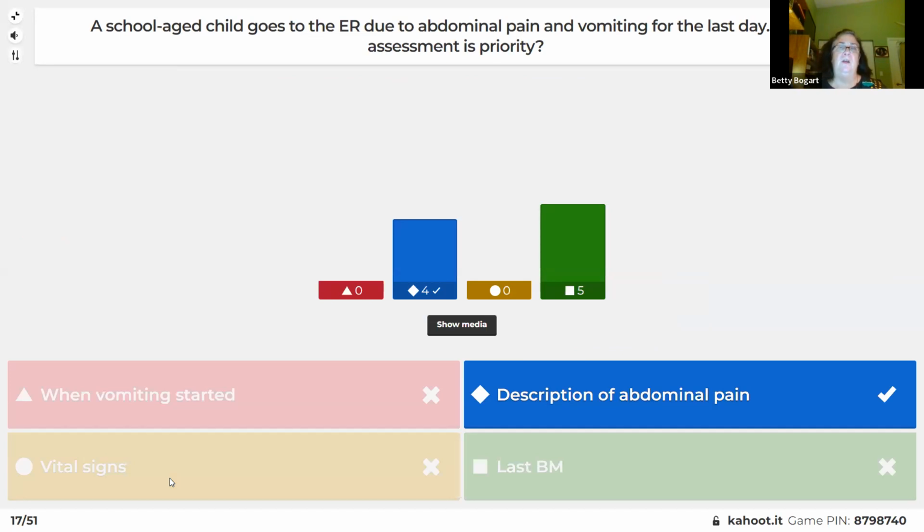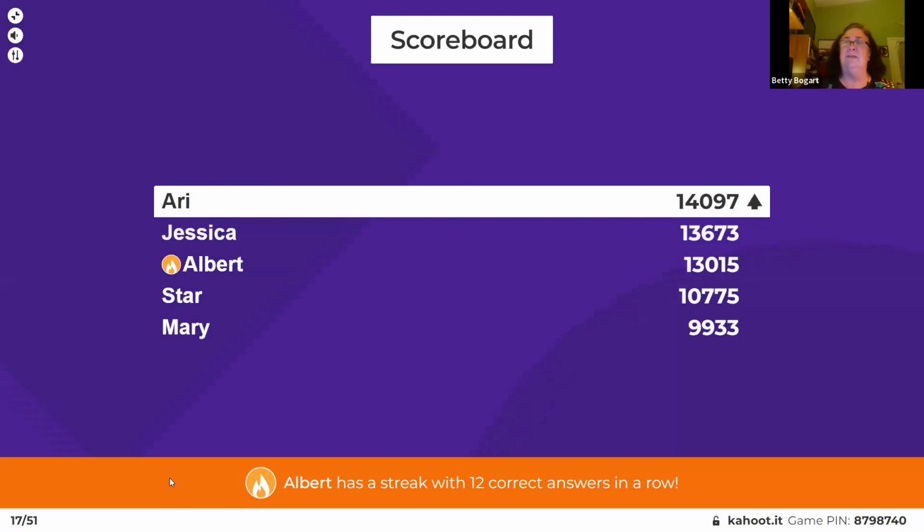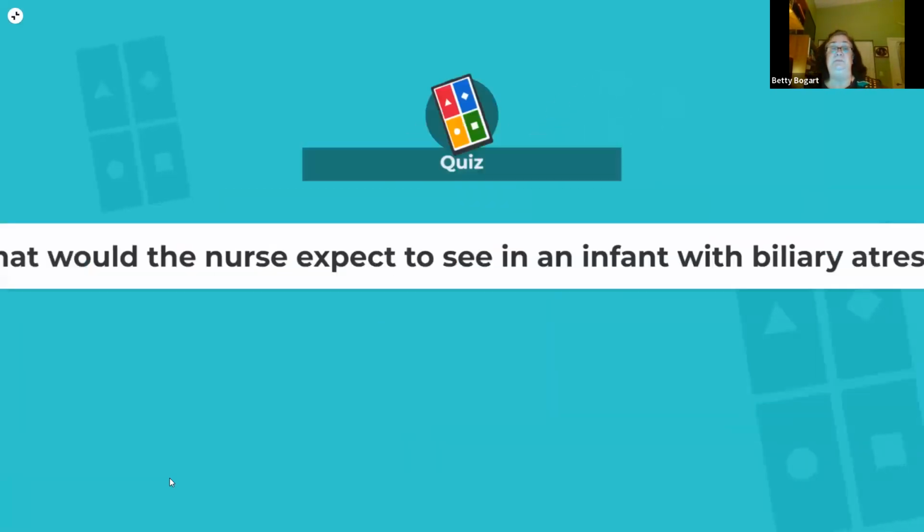You need to know, where is that pain? Is it that right lower quadrant? We need to figure out what's going on with that belly. Is it just vomiting due to food poisoning, or is it due to something going on inside? So assessing the abdomen is important.